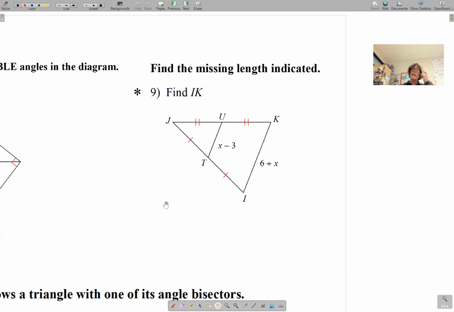It says find the missing length indicated, which is IK. Really simple here. You're going to notice, since these are equal, that makes U a midpoint. Since these are equal, that makes T a midpoint. That makes UT a mid-segment.